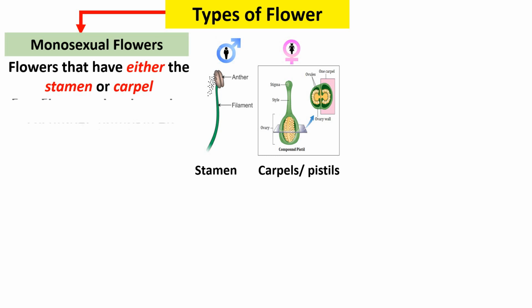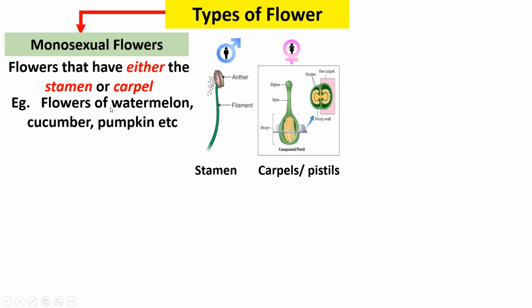Okay, so let's see some examples. Like flowers of watermelon, cucumber, pumpkins, etc., they are all monosexual flowers. Why? Because these flowers, they have either stamen, male reproductive part, or carpel, the female reproductive part.